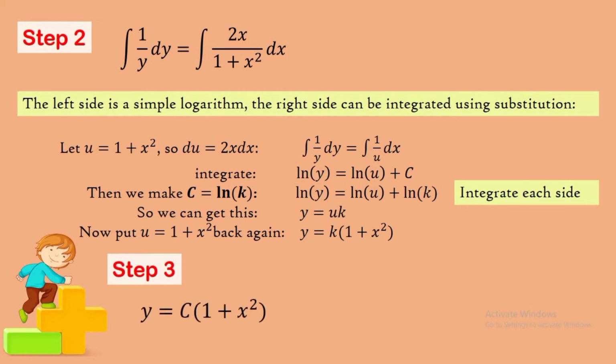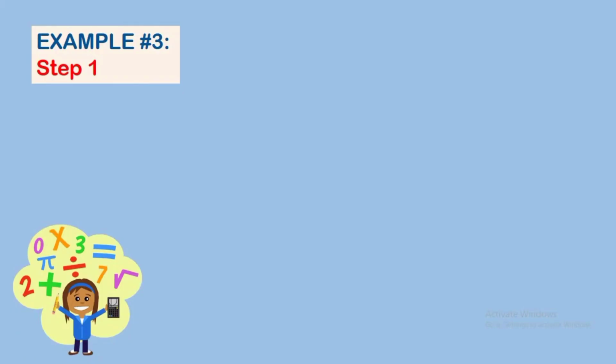Since yung constant natin, di ba, is si k, ay constant c natin ginawang k, so ibabalik natin siya sa dati, and we have the final form, y is equal to c times 1 plus x squared. So, yan yung general solution natin.